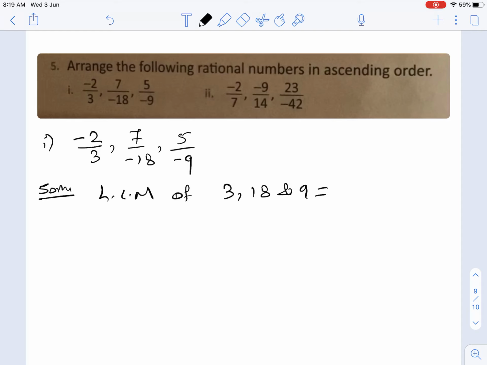The easiest one is to look at the greatest number. If it comes in the smaller numbers' tables, then this number is our LCM. Now 18 is coming in 3's table, and 18 is coming in 9's table, so 18 is our LCM. Now whatever numbers are present, we have to convert their denominators into 18.